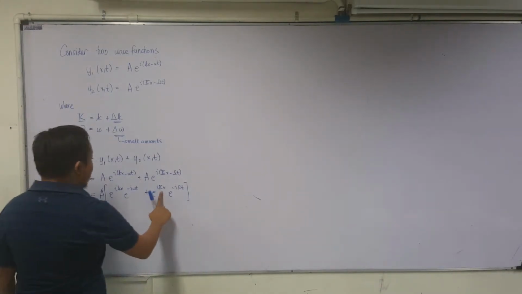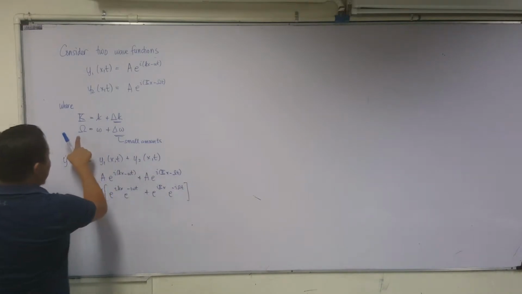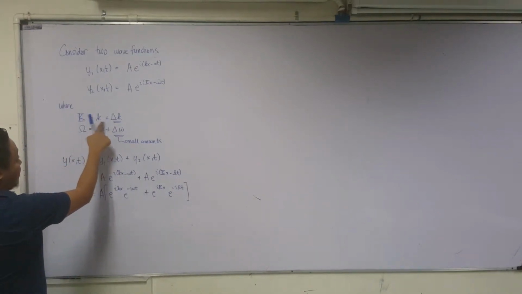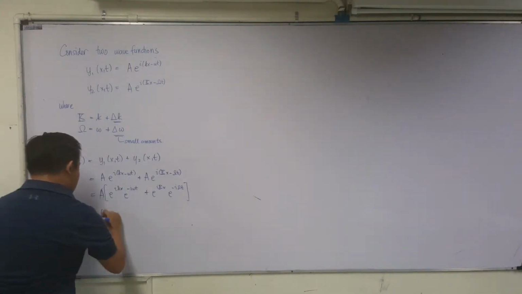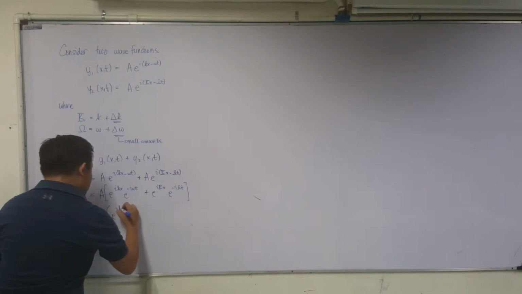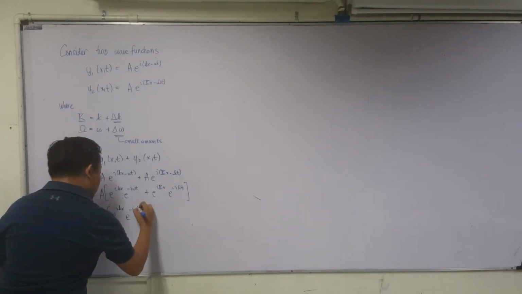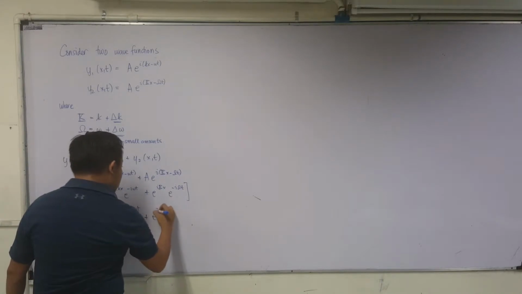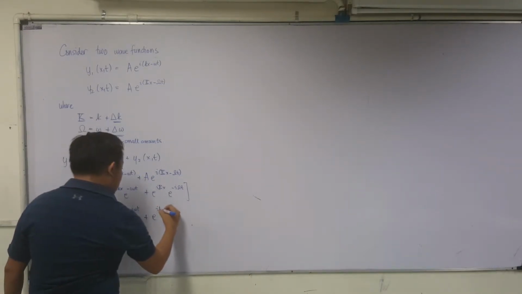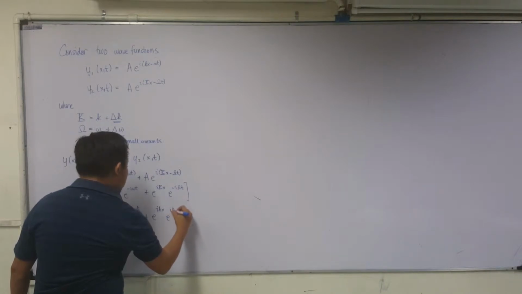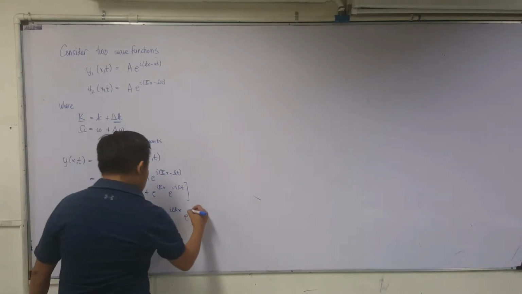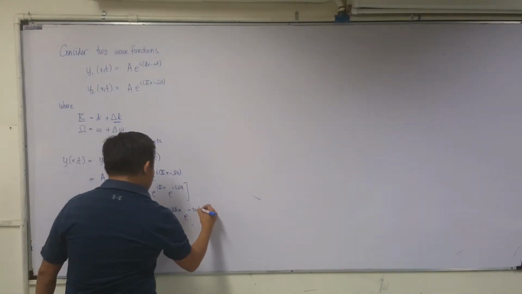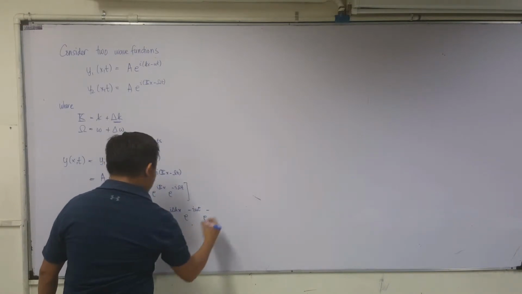We know that capital K and capital omega are given by k plus delta k and omega plus delta omega. We have A e to the i kx e to the negative i omega t plus e to the i kx e to the i delta k x e to the negative i omega t e to the negative i delta omega t.